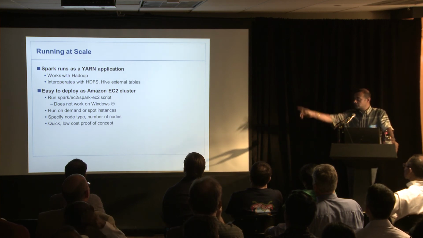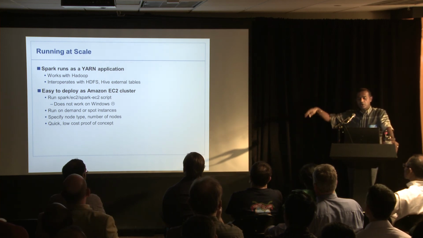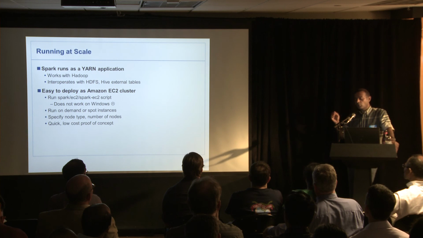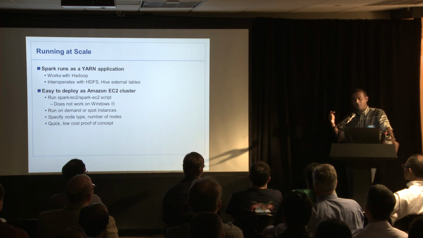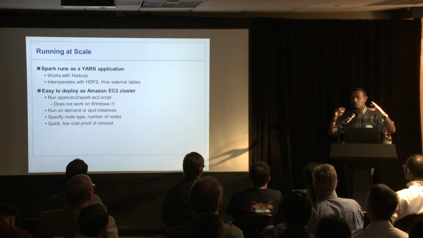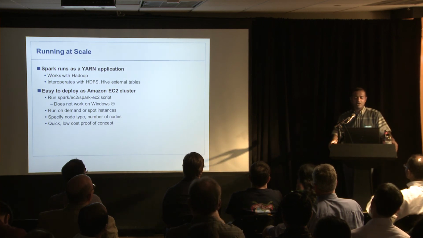If you go to that directory in Spark, there's an EC2 script. It's a shell script, and tragically, it only works on Linux or Unix because it needs SSH. I imagine if you had MinGW or Cygwin or some other horrible incantation on your Windows box, you might make it work.